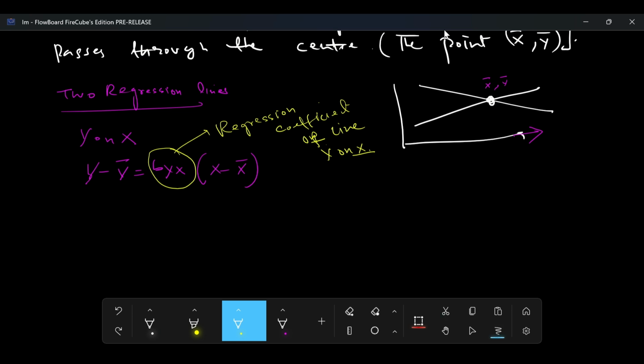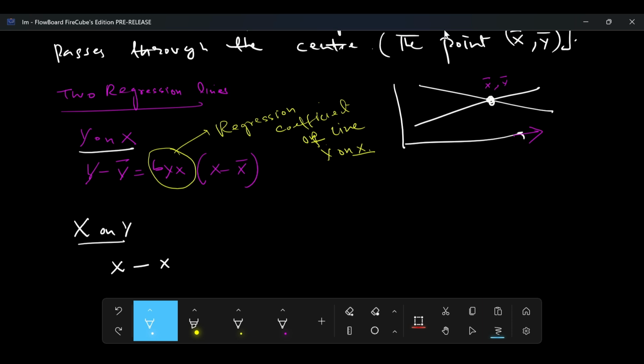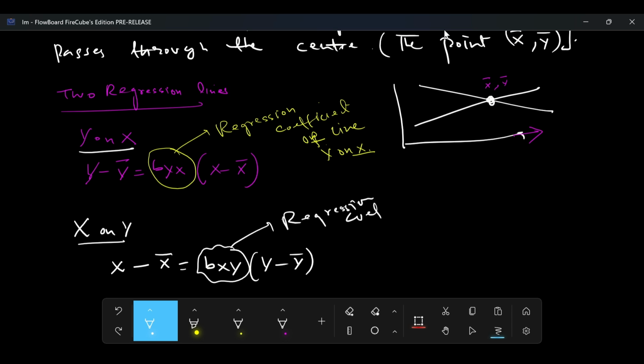And we have the other regression line, x on y, that is x minus x bar is equal to b_xy times (y minus y bar), and this is again the regression coefficient of line x on y.